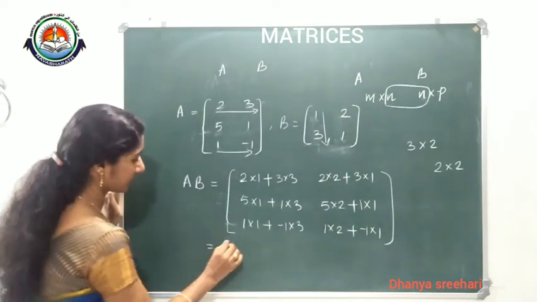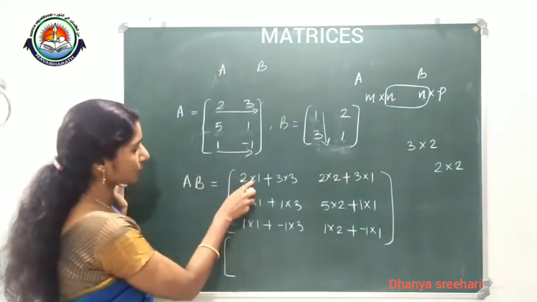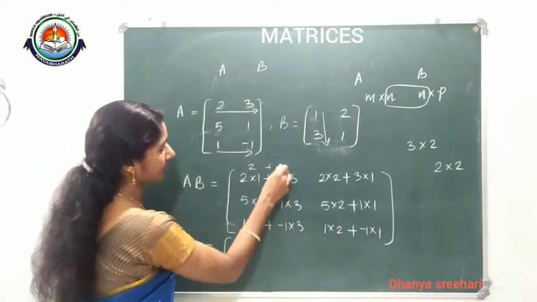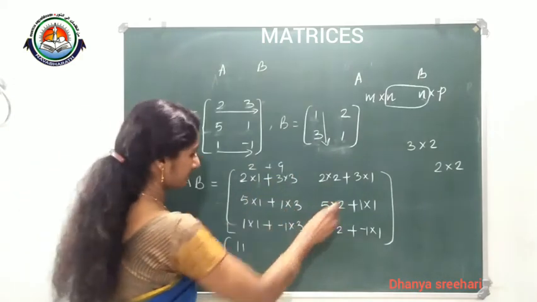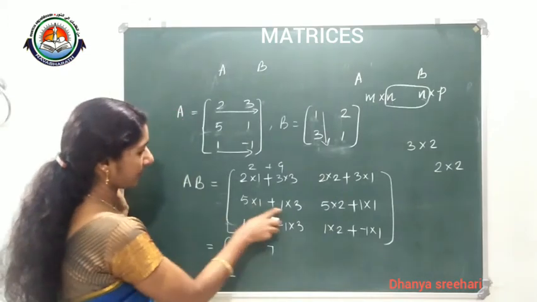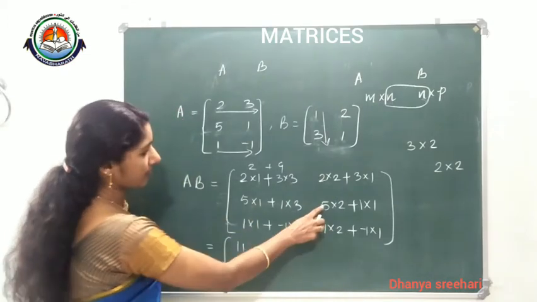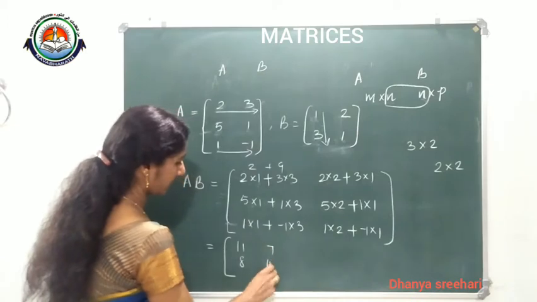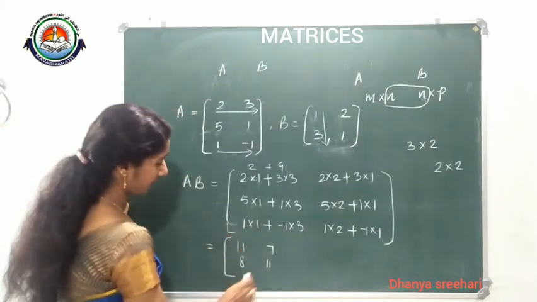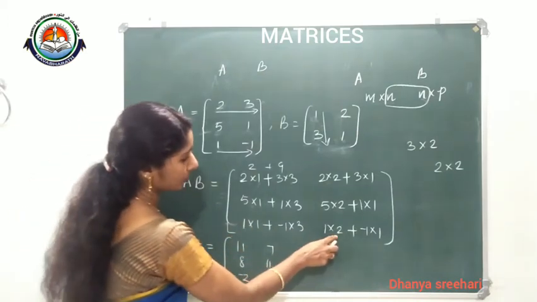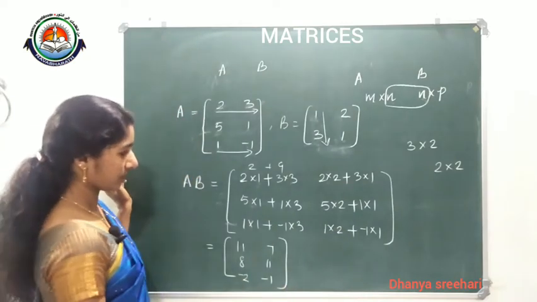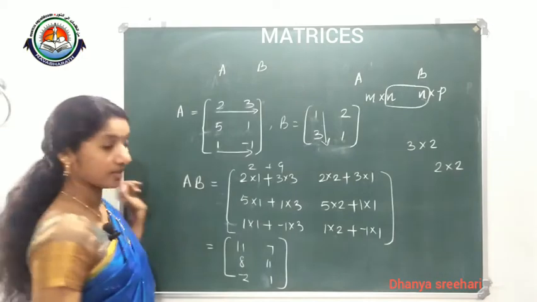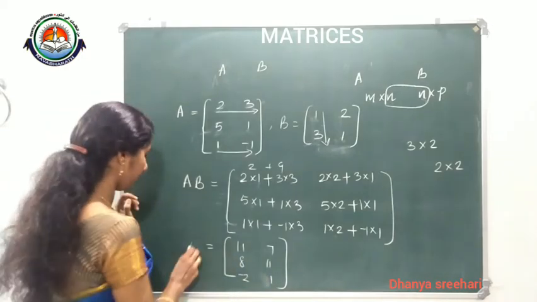Then we can write its answer. 2 plus 3 3s are 9, 11, we get the first element. 4 plus 3, 7. 5 plus 3, 8. 10 plus 1, 11. 1 minus 3, minus 2. 2 plus minus 1 is plus 1. So this is AB.